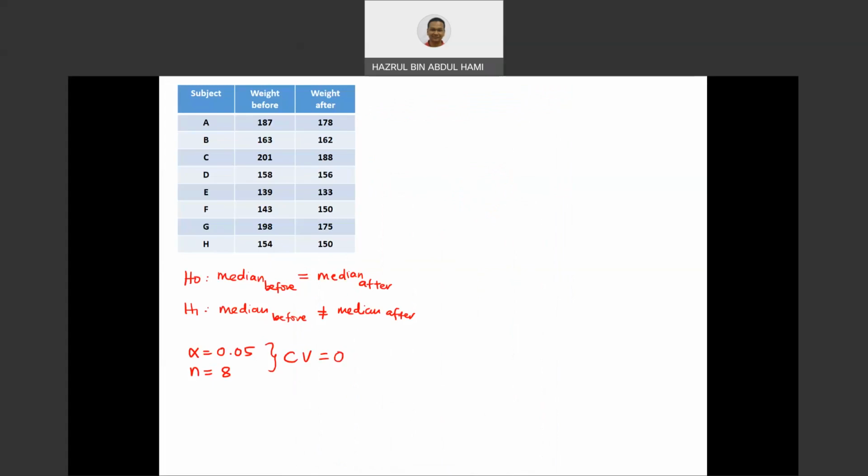Next, we proceed with the test value. To find the test value, you have to find the sign of the weight before minus the weight after.